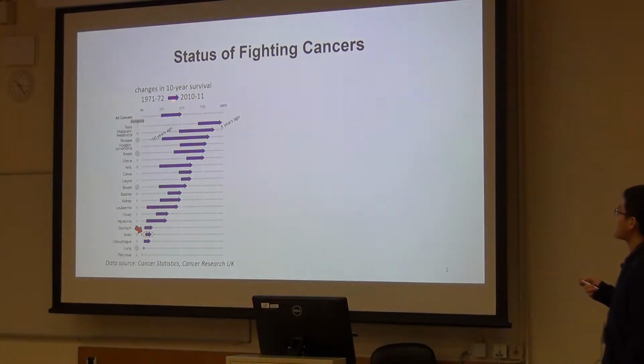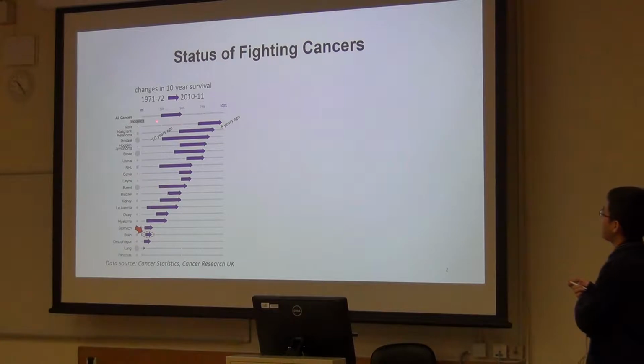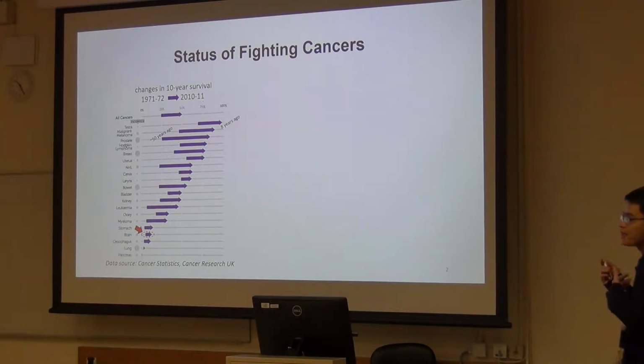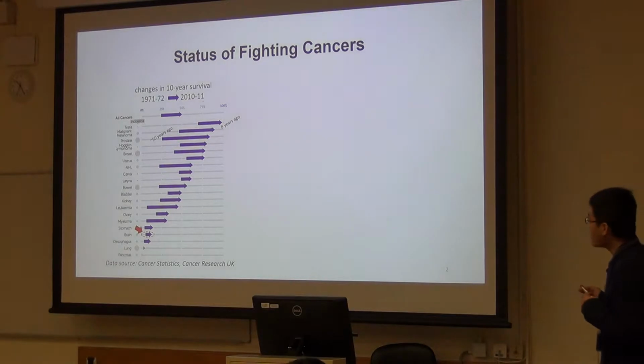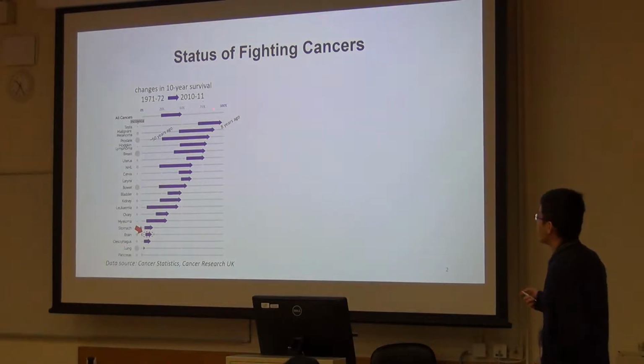However, this number increased dramatically in the past few years. In 2010, the number already became 50%, indicating that if a patient is diagnosed with cancer, he has more than half a chance to survive more than 10 years. However, this situation is different across cancer types.